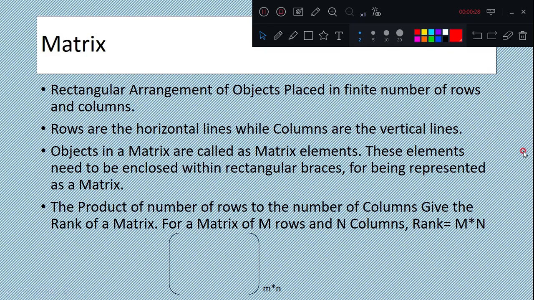Now, matrix is a rectangular arrangement of objects placed in a finite number of rows and columns. Rows are the horizontal lines while columns are the vertical lines.